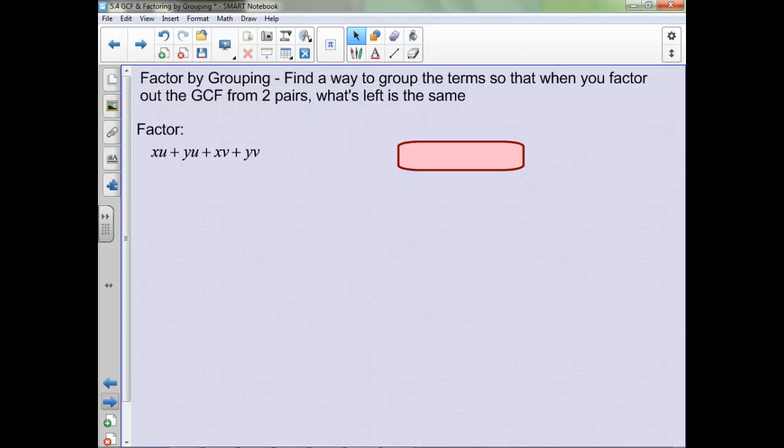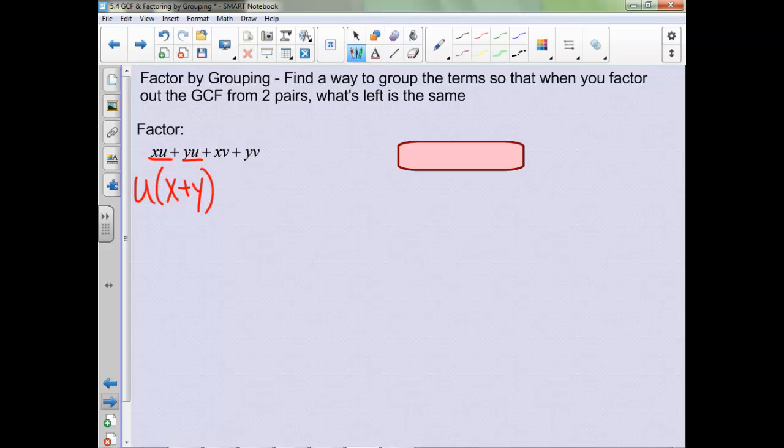So in this first one, it's usually easiest to pick the first two and the second two, but that doesn't always work. So notice these both have a u in common, so that should be a hint. We could probably factor that u out and get it somewhere. So factor that u out.